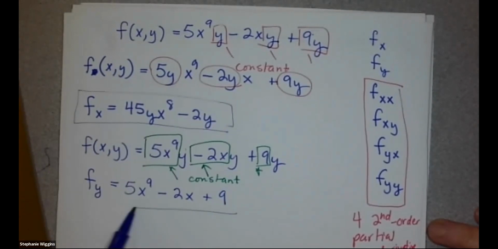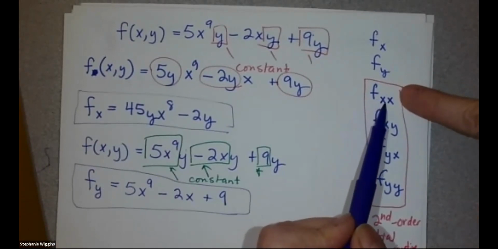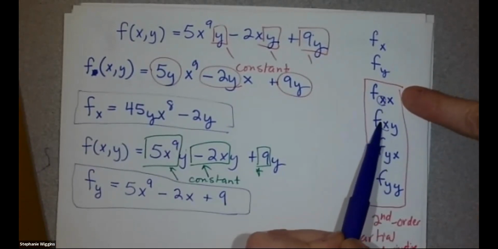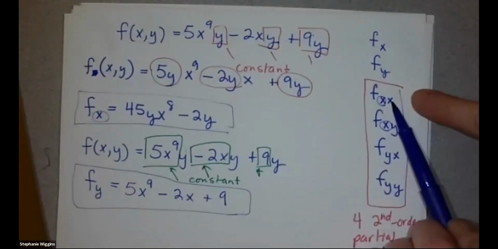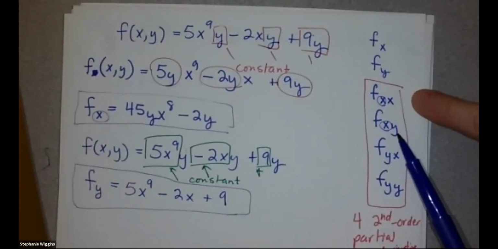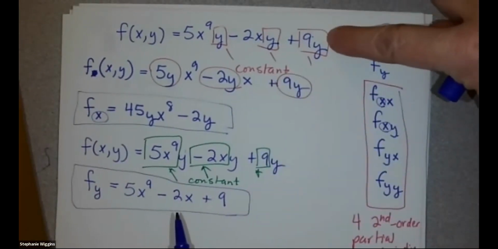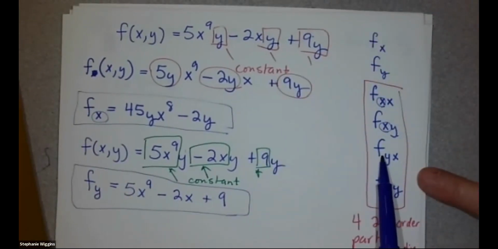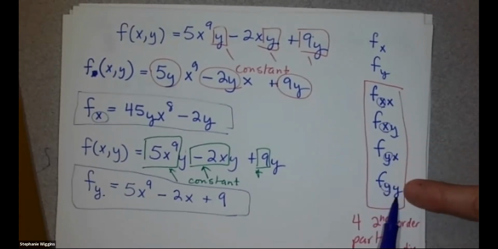Now we're going to differentiate each one with respect to x and then y, so this little x here refers to this x, but we're going to differentiate it with respect to x and then y, just kind of like what we did for this one up here. And then this little y refers to this y, and then we differentiate that with respect to x and with respect to y.